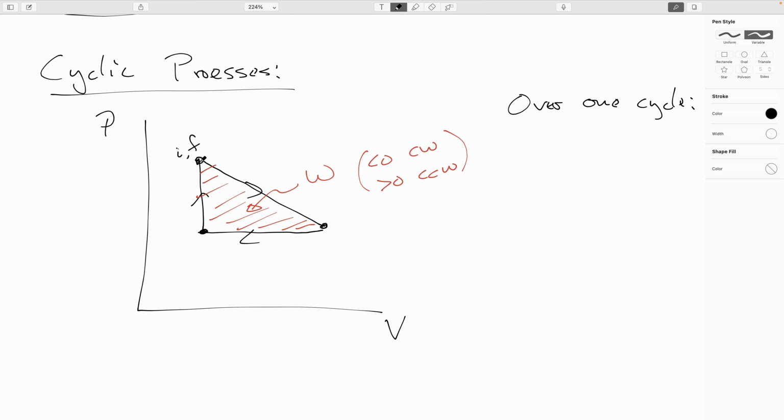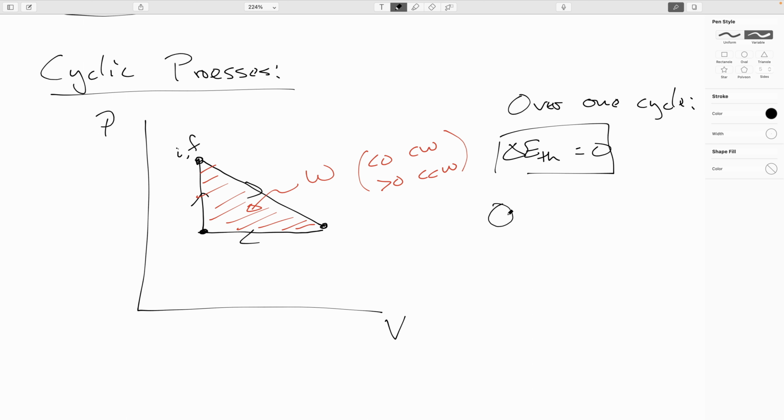Now, as we argued earlier, since the pressure and the volume are the same, that means we're at the same temperature. The only way that could happen is if there was no change in the thermal energy of the gas after a cycle. That's not to say the thermal energy isn't changing throughout the cycle. It almost certainly is. But over a complete cycle, the change in the thermal energy is zero.